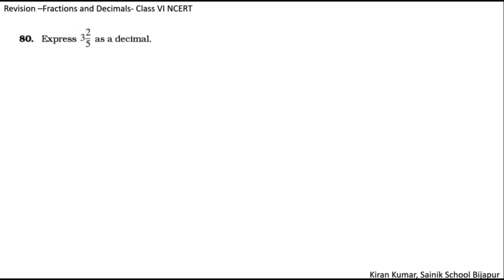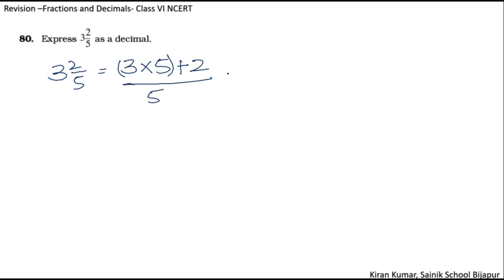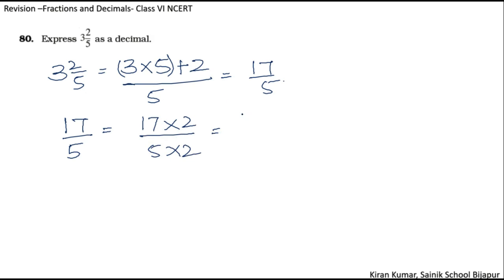Question number 80. Express 3 2 by 5 as a decimal. First, 3 2 by 5 I would like to convert as an improper fraction, that is by multiplying 3 with 5 added to 2 divided by 5. This will become 17 by 5. Now I'll convert this 17 by 5 as 17 into 2 divided by 5 into 2, so that it becomes 34 by 10, which is 3.4.